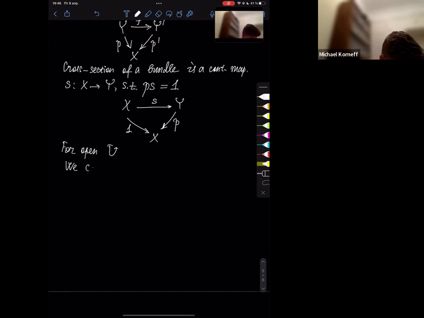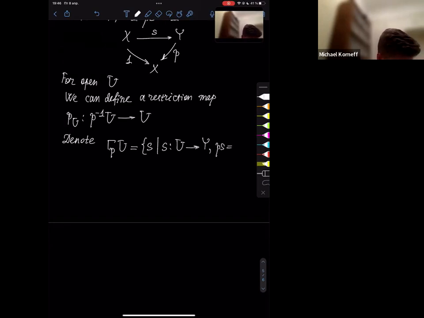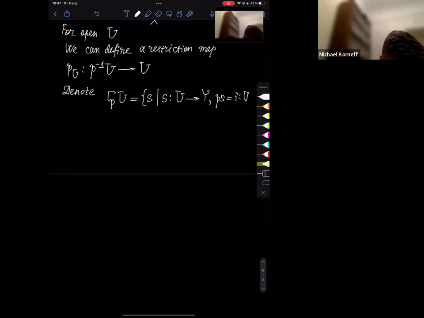First of all, we can define a restriction map P_U from P inverse of U to U, and denote by Gamma(U) of the bundle P the set of all sections over the set U, and this is just an inclusion map.